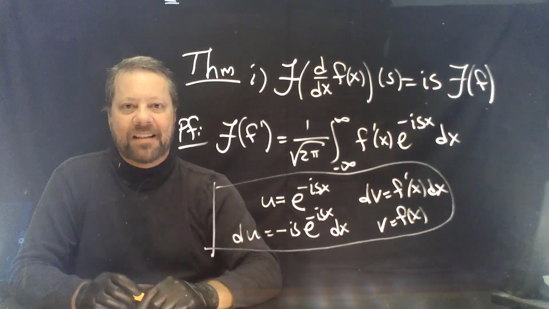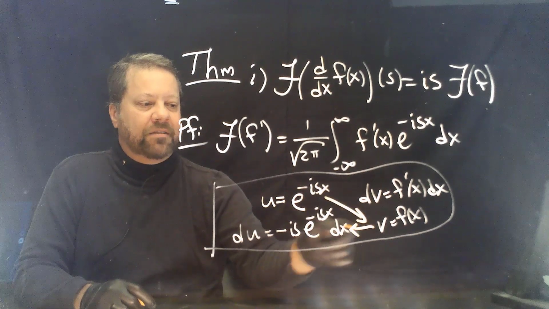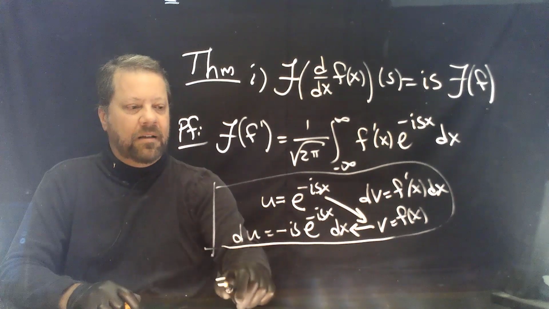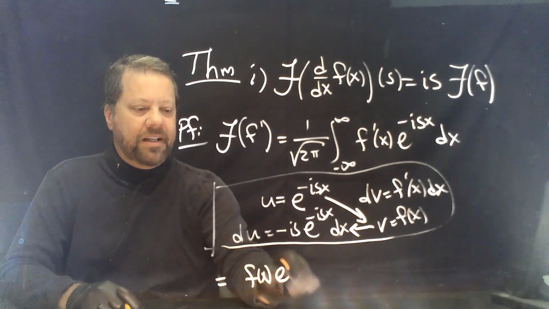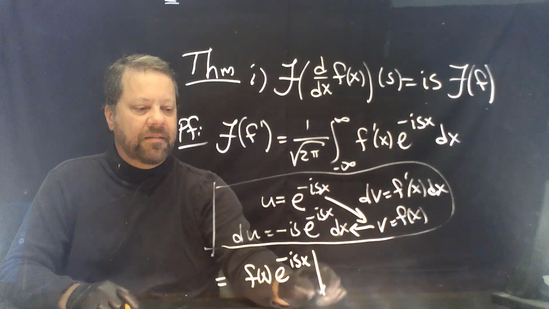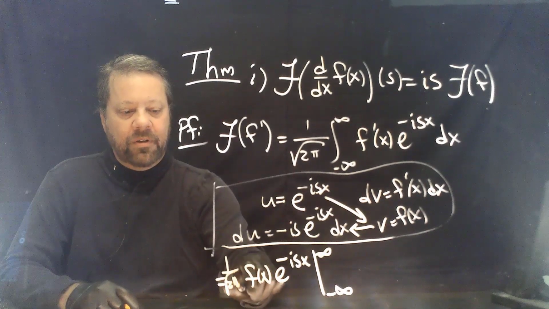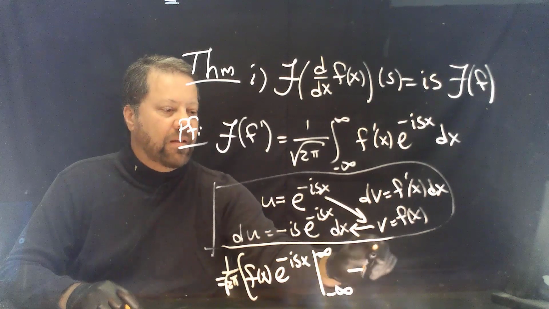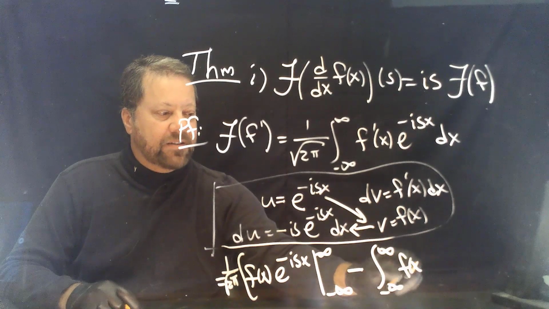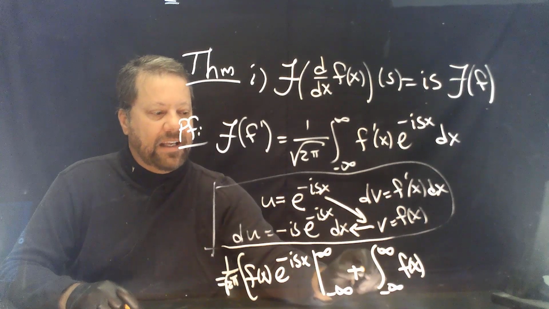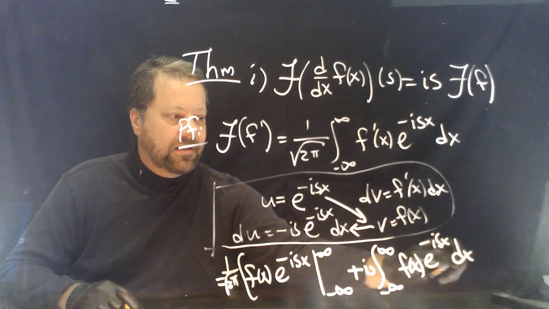We'll set this aside. It's always uv minus integral v du, and so we get f of x e to the minus isx from minus infinity to infinity, 1 over root 2 pi times the whole thing, minus the integral of f of x times this negative is e to the minus isx dx.